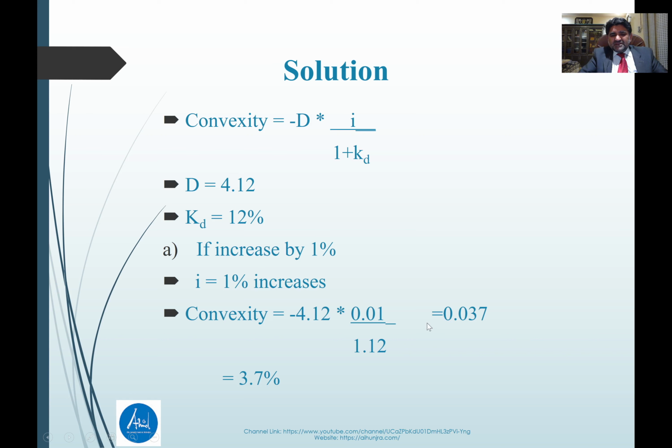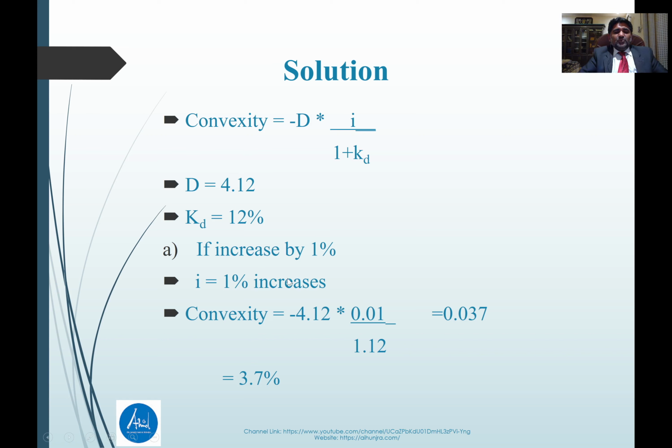What does it mean? Minus 3.7%. It means if the interest rate is increased by 1%, the price decreases by 3.7%. Convexity is the sensitivity of bond price.